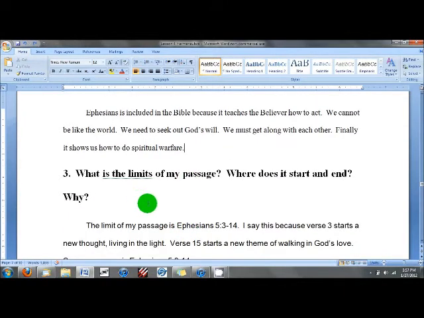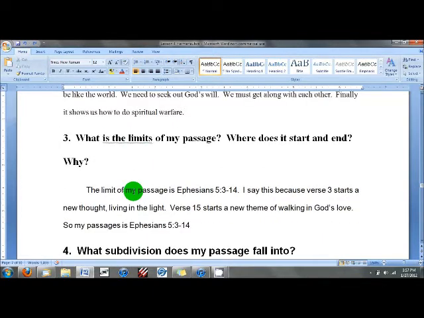Okay, the limits of my passage. Where does it start and end, and why? My passage was from Ephesians 5:3 to 14.